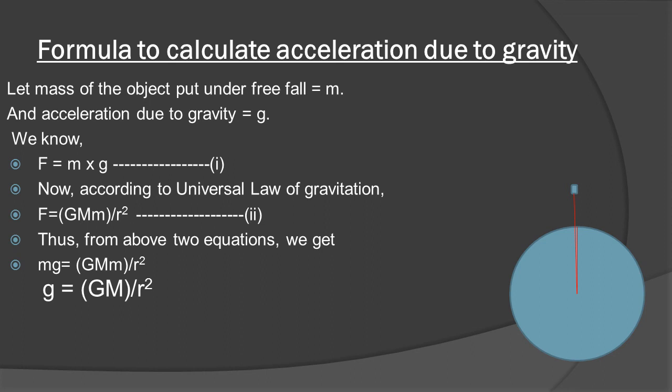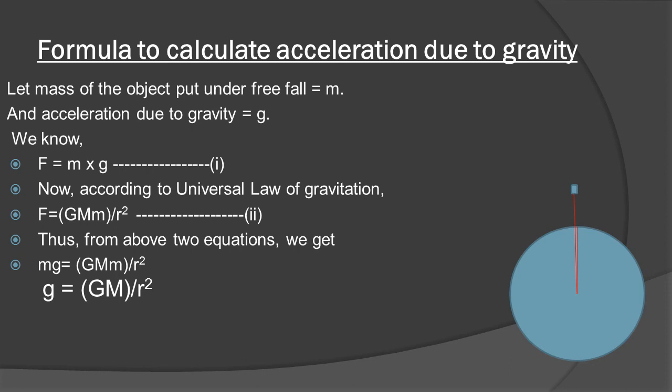Okay, so if you have noticed in this formula to calculate acceleration due to gravity, do you see the presence of the mass of the object? No, right? So this acceleration depends on the mass M and radius R of the earth. And so acceleration due to gravity at any given point on the earth's surface is the same for all objects, because while calculating acceleration due to gravity in this formula you cannot see, or we haven't considered, the mass of the falling object, right?